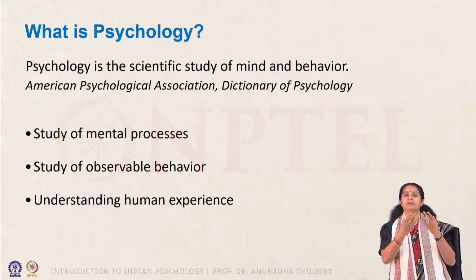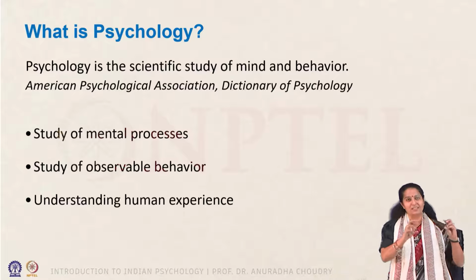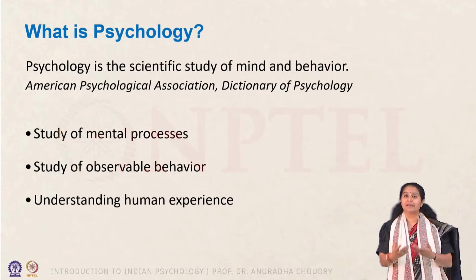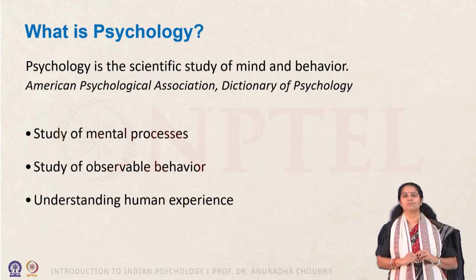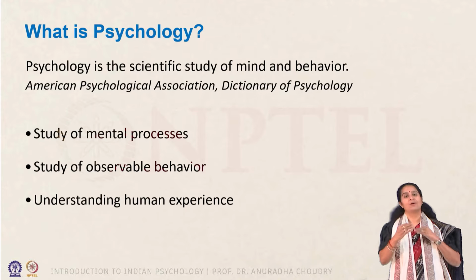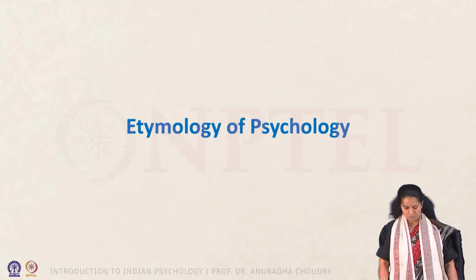Therefore, the first principles thinking application in this definition entails understanding what we mean by scientific study of mind, and therefore the study of mental processes and behavior. So it is also the study of observable behavior. And when we combine this, we have a better understanding of human experience as a whole.